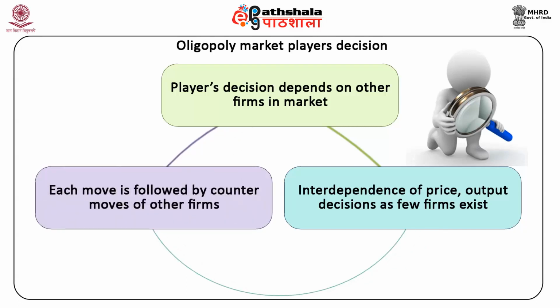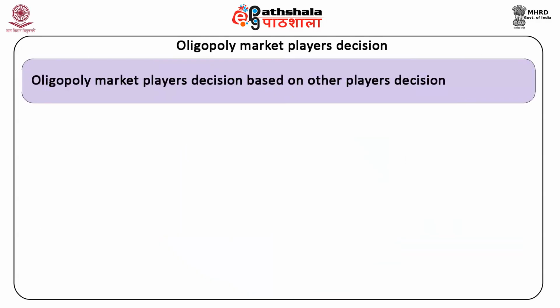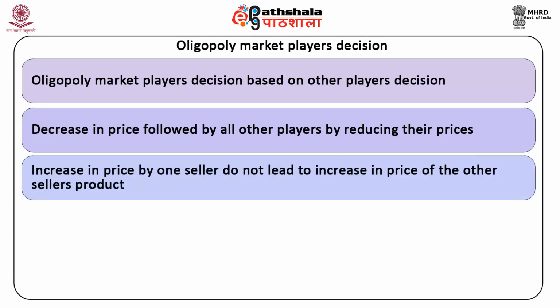Each move by one firm is followed by counter moves of the other firms who are their rivals. A decrease in the price is followed by all the other players reducing the prices of their products also, but an increase in the price by one seller does not lead to an increase in the price of the other sellers' products.